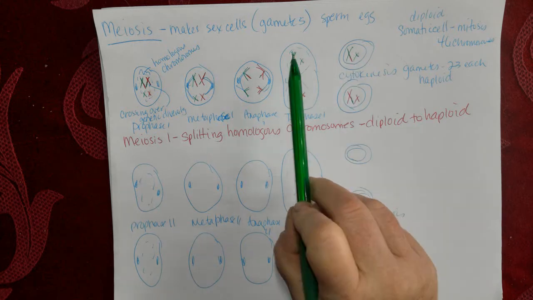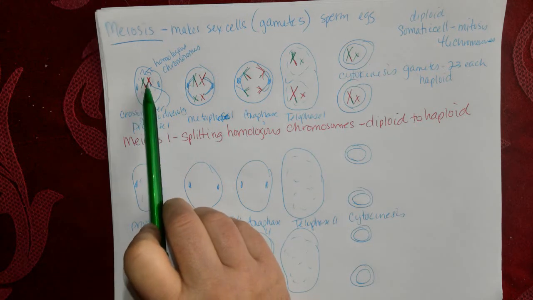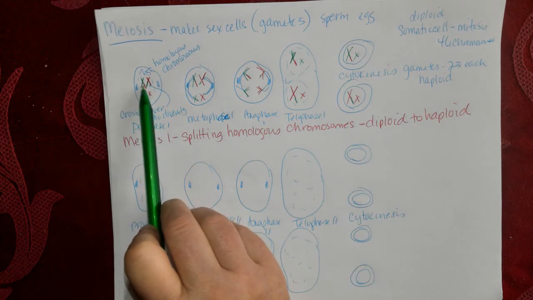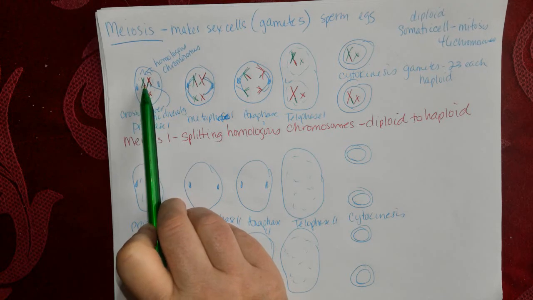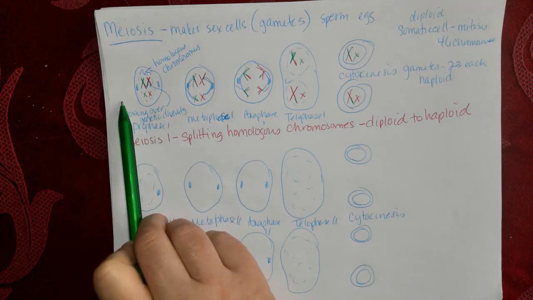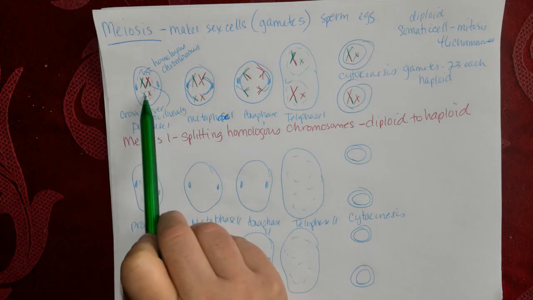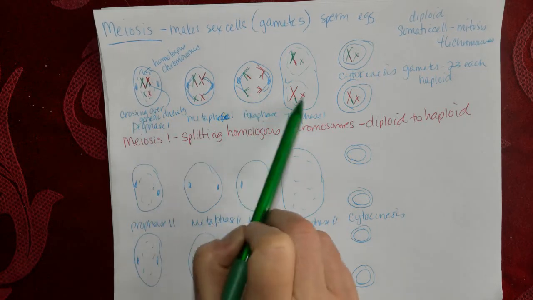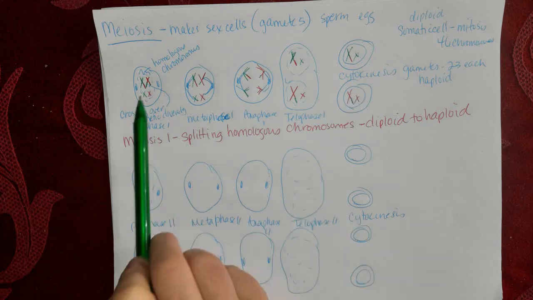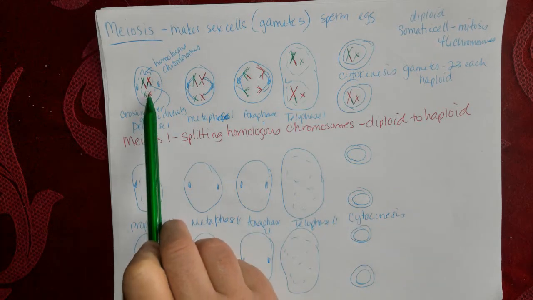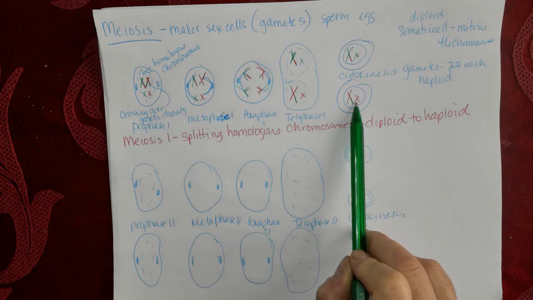Because remember, each of these, over here before crossing over occurred, these are sister chromatids. So this one was identical to this one. They'd already been duplicated during interphase. Now that we had the crossing over occur, they're not identical anymore. But these ones down here, these small ones, stayed identical the whole time. But now what we've done is we've taken the number of chromosomes and cut it in half.